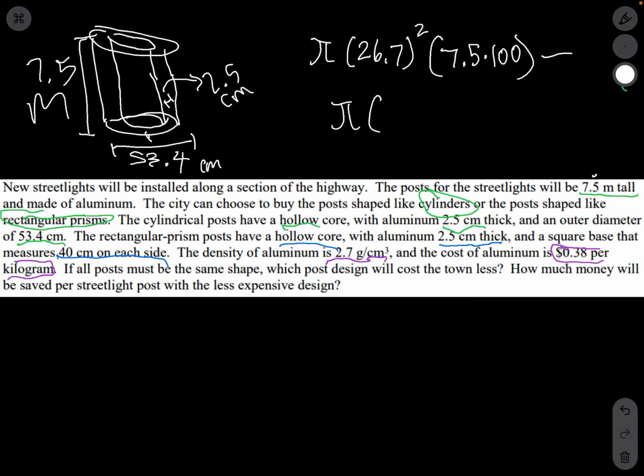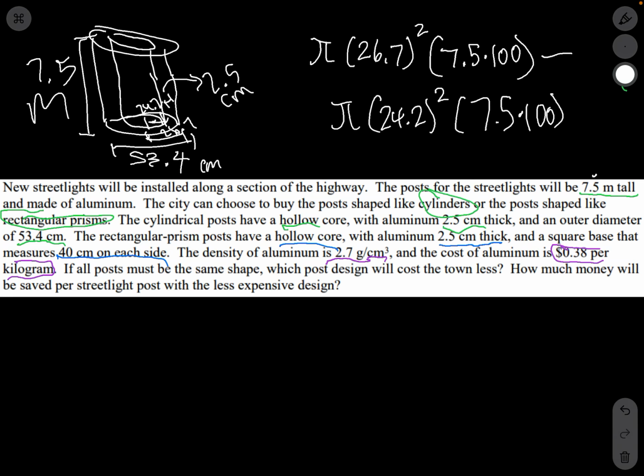If the radius of the whole cylinder is 26.7, and we're subtracting 2.5 from that, the radius of the inside cylinder will be 24.2. So 24.2 squared, with the same height, 7.5 times 100. This is in centimeters.